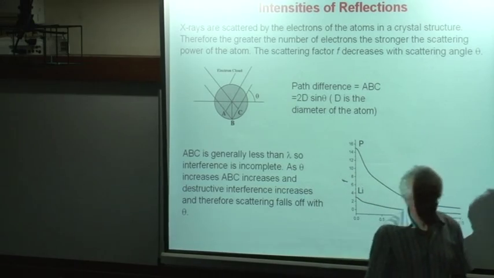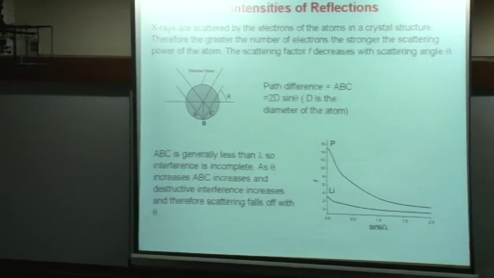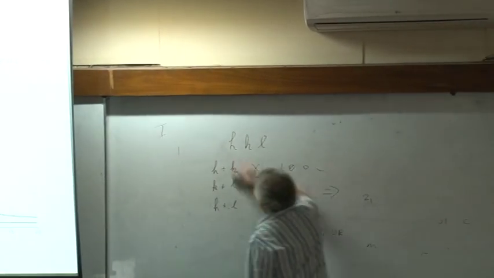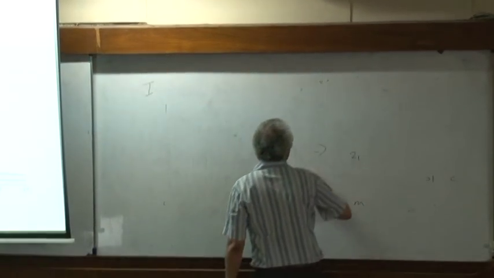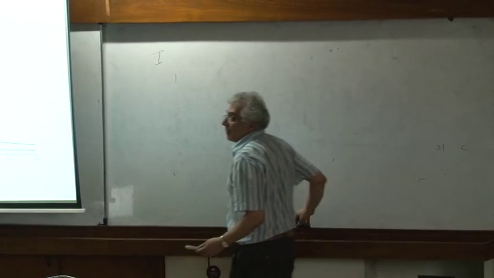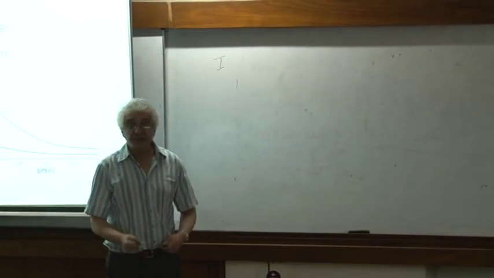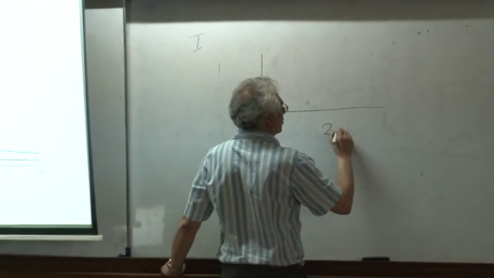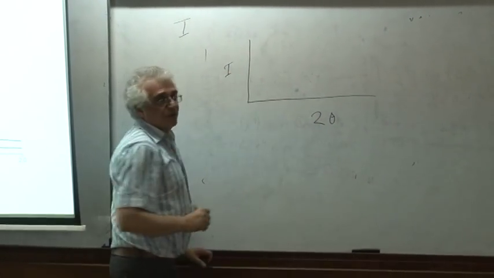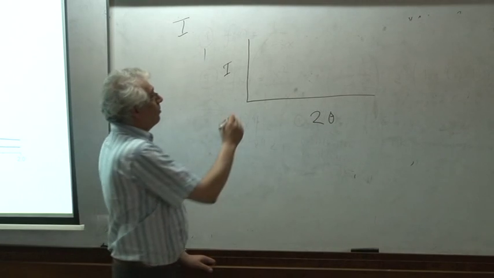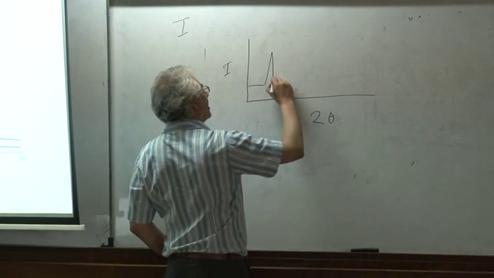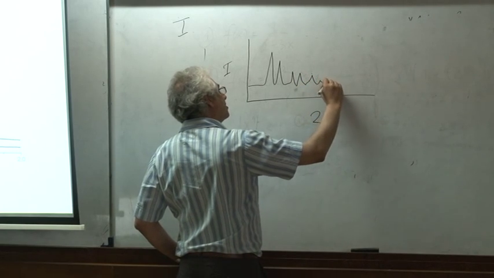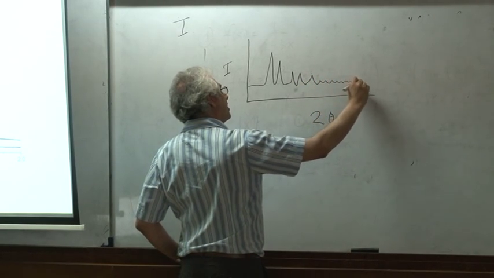How does that manifest itself in a diffraction pattern? Well, it's very obvious to see. Many of you will have seen a powder diffraction pattern already. You know that you have something like this, 2 theta, and intensity on this side, or counts. Down here you see some strong peaks, and then slowly the peaks get weaker and weaker.